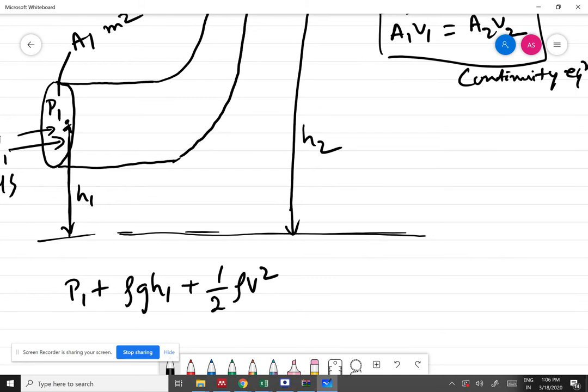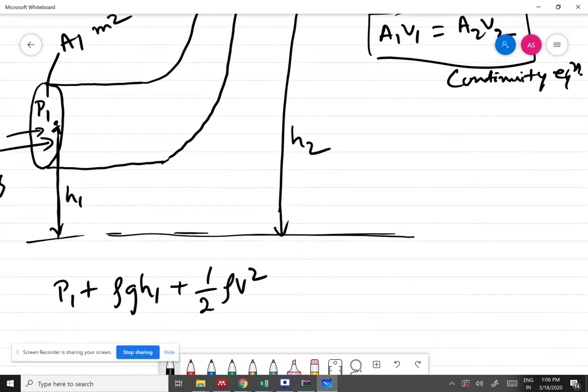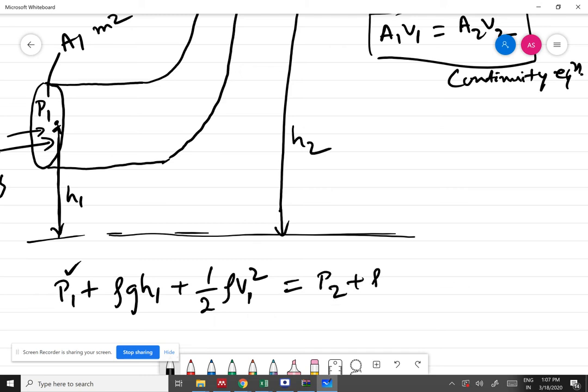P1 also represents the energy due to the inflow pressure. This has to be equal to P2 plus rho g h2 plus half rho v2 squared. This is your Bernoulli's equation.